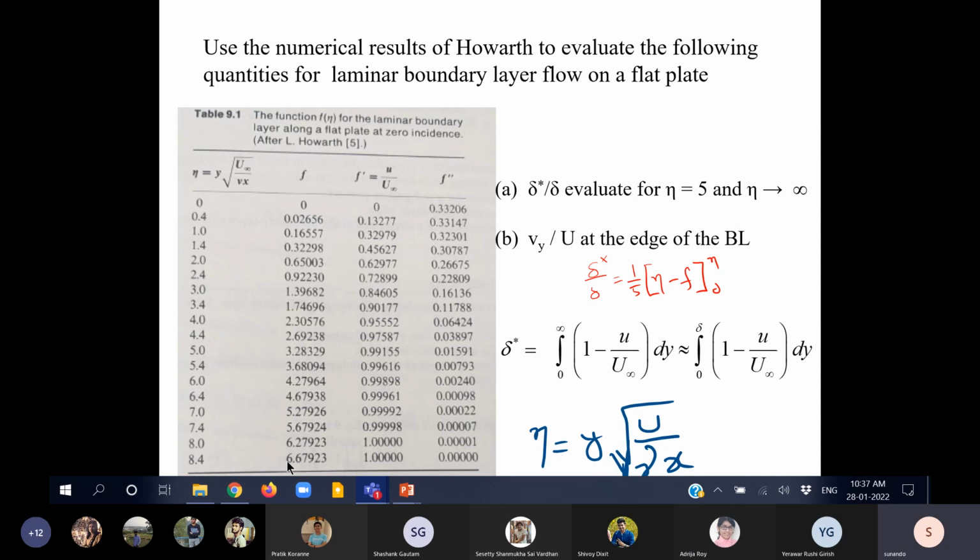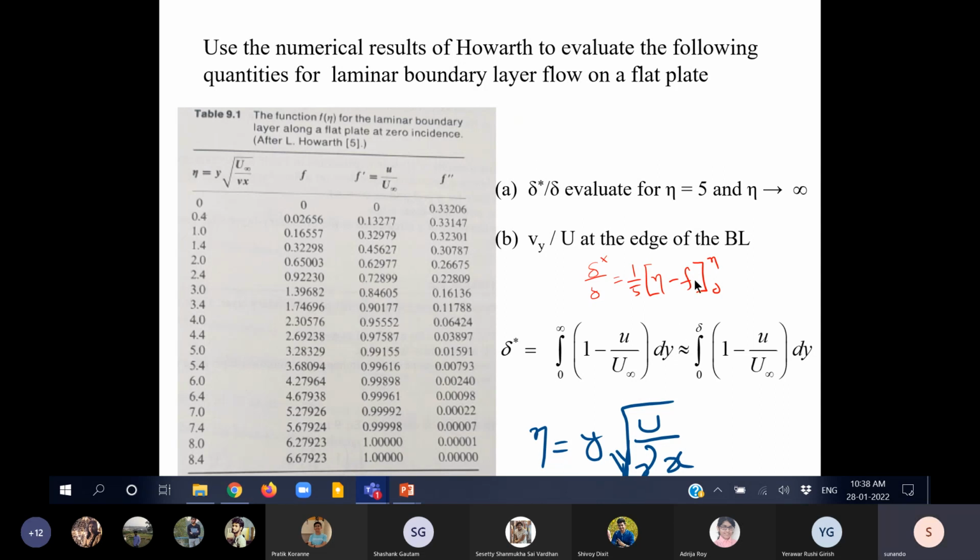Okay, but wouldn't it be more obvious if I say at eta equals 8, 8 minus 6.27, whatever 923, and for eta equals 8.4, 8.4 minus 6.67. It's not the value of eta or the value of f. The difference becomes invariant for a value of eta greater than 8.